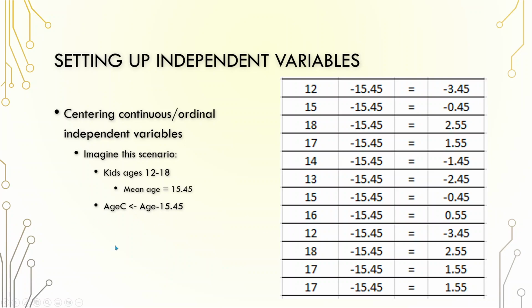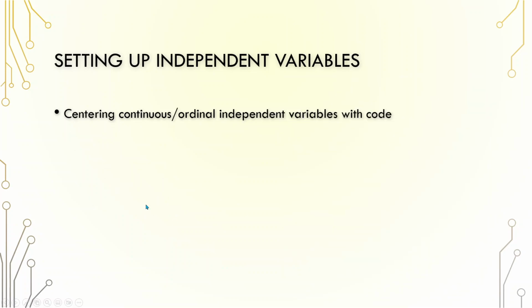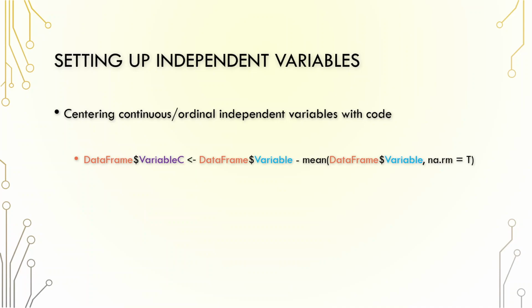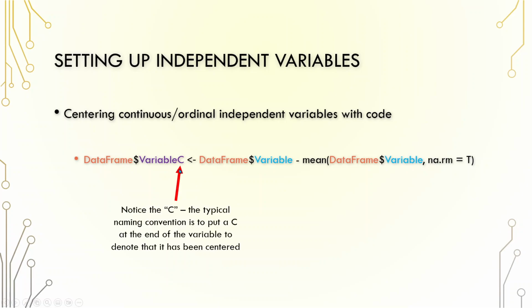Now, the basic code for this is you're going to create a new variable, do an assignment, and take the original variable and subtract from it the mean. Don't copy that code though. This code right here is going to be a whole lot better. So I'm specifying the data frame, dollar sign, and then a variable. I like to use the same variable name as the original one, but I like to put a C on the end.